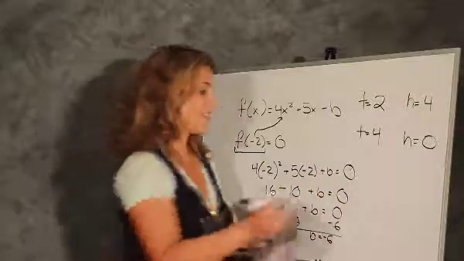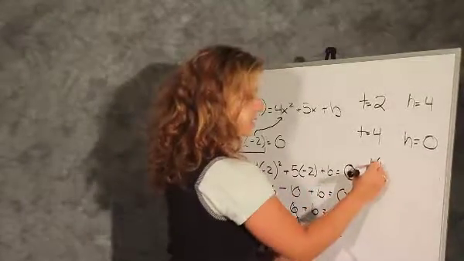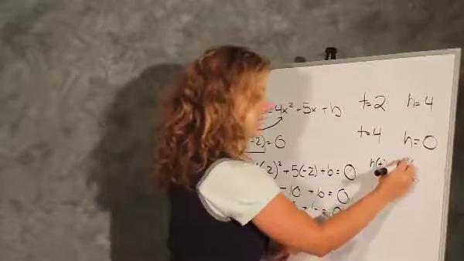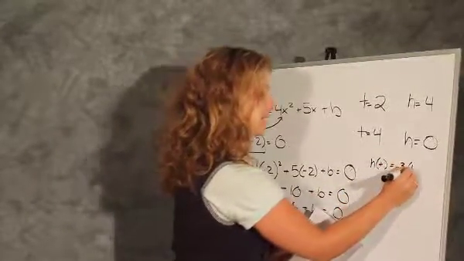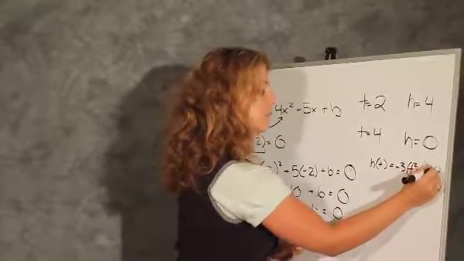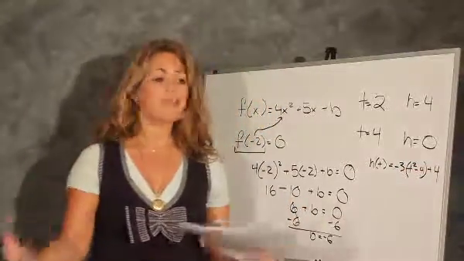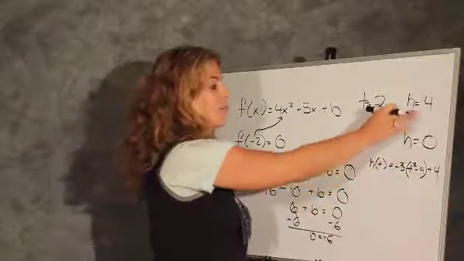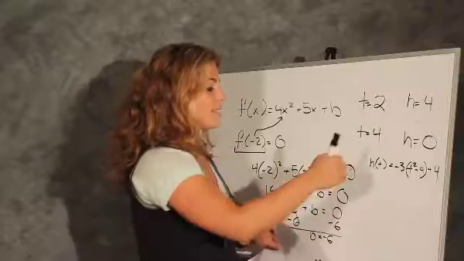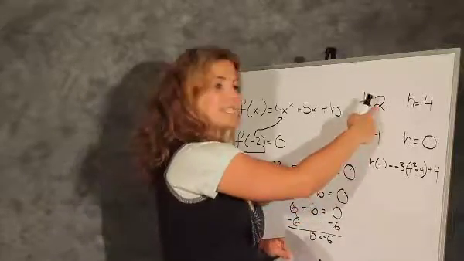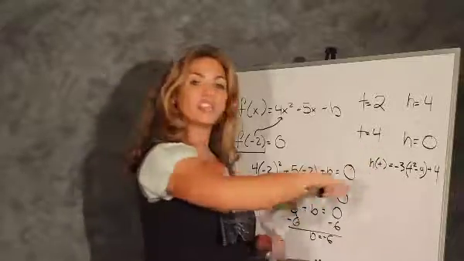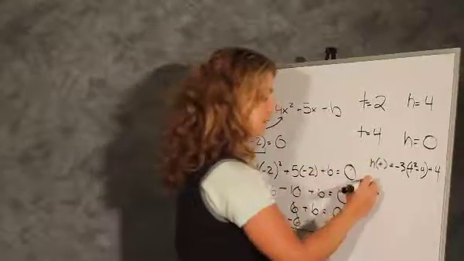So A says h of t equals -3 times t squared minus 4 plus 4. So it's probably easier if we just start with that first one. What that's saying is if we put 2 in for t, then that whole equation has to equal 4.